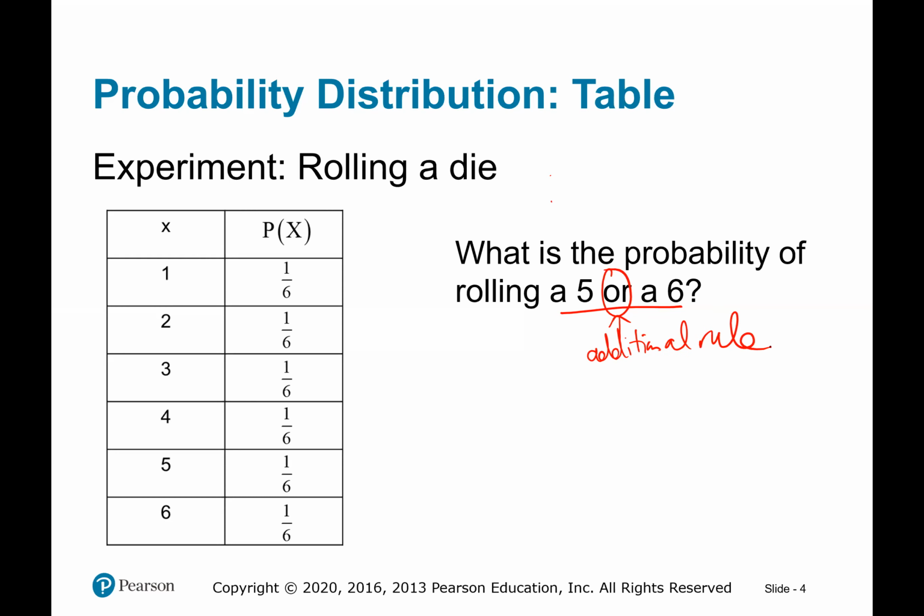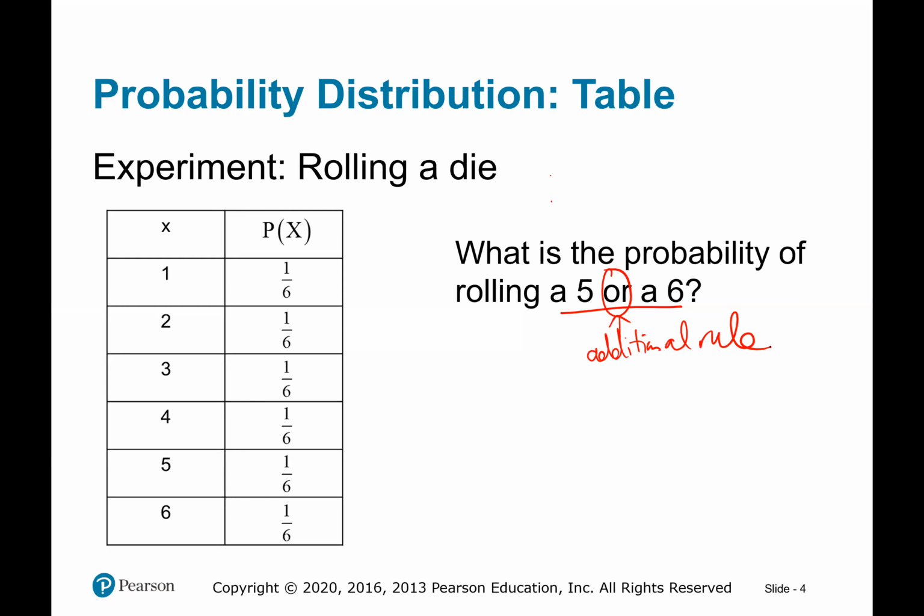Firstly, these events are independent events. They do not have any effect on each other each time you roll the die, right?